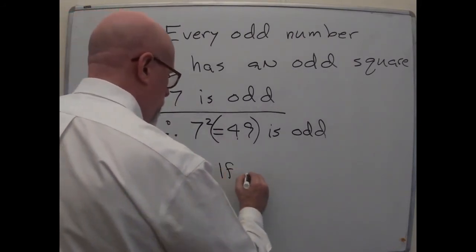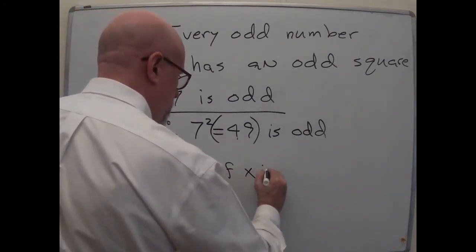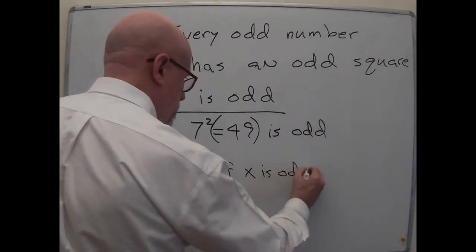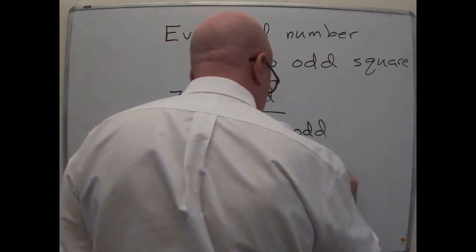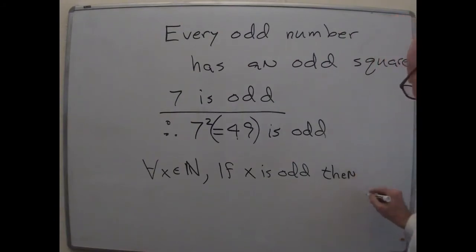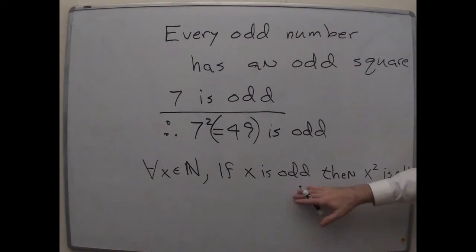If x is odd, then x squared is odd. Now, first of all, do you agree that has the same meaning? Every odd number has an odd square. For all x in the naturals, if x is odd, then x squared is odd. I hope just informally that makes sense that those are identical.